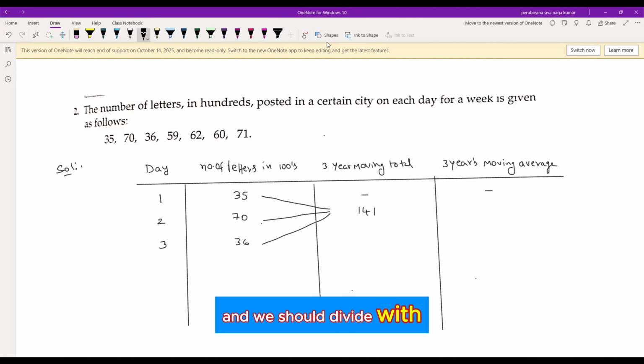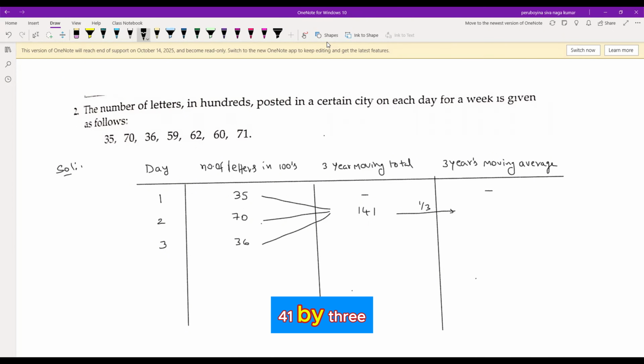And we should divide by 3 to get the average. 141 by 3. 4 3s are 12, 3 7s are 21. So 47.